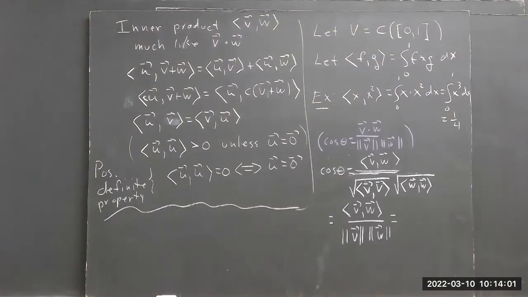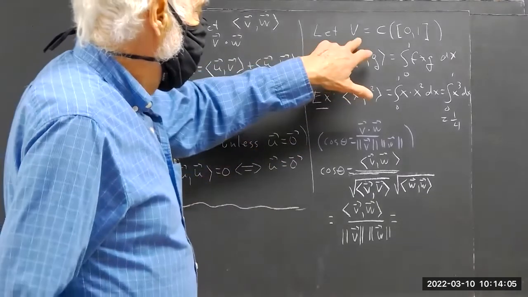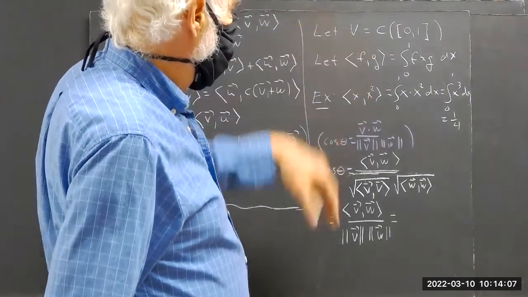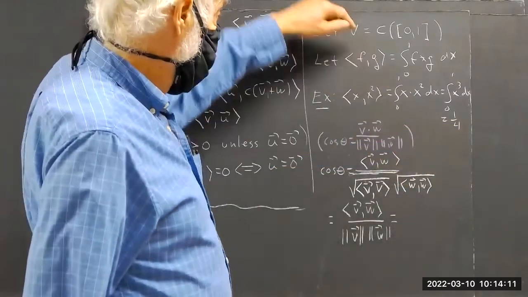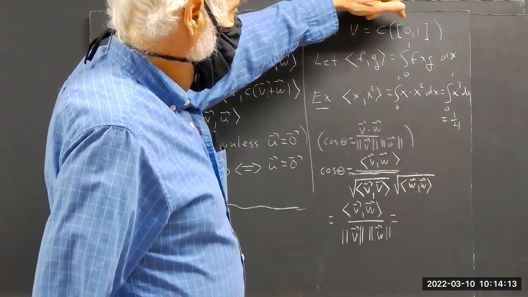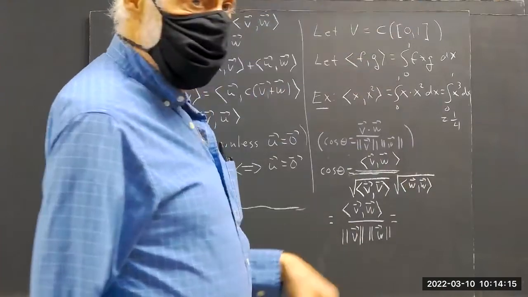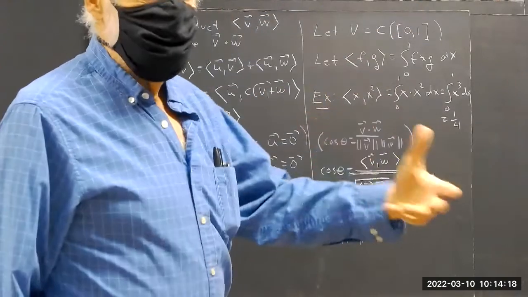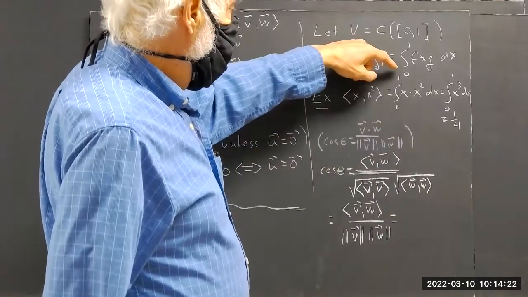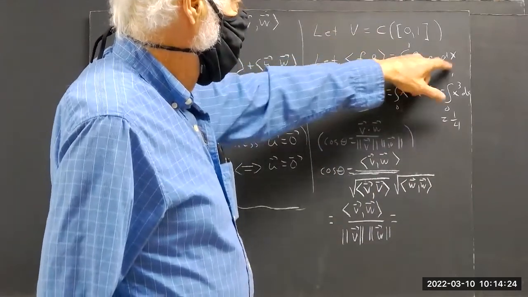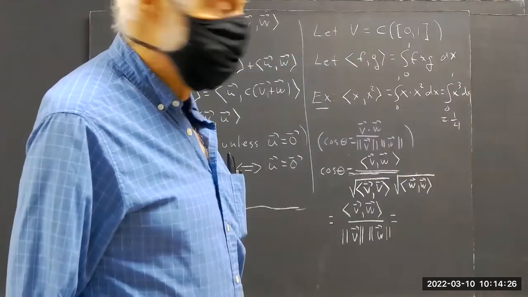Okay, I wasn't recording when I said all that, I thought. I think everybody got the 1/4 there, and I'm pretty sure I recorded that just in case. V is the space of continuous functions on 0, 1. Your scalars are implicitly real numbers. The inner product is just going to be defined as the integral from 0 to 1 of fg with respect to whatever the variable is.